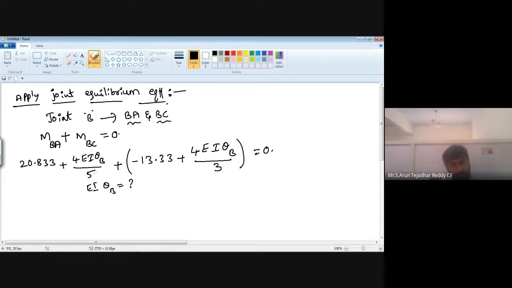After entering these values, we'll get one value in terms of EI theta B. So finally, EI theta B is equal to minus 3.51.